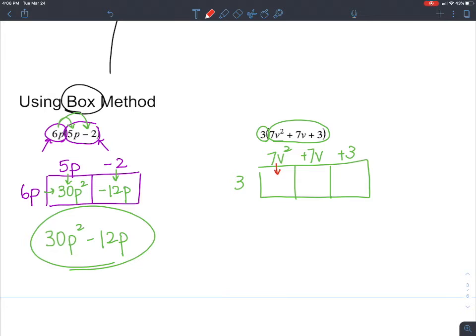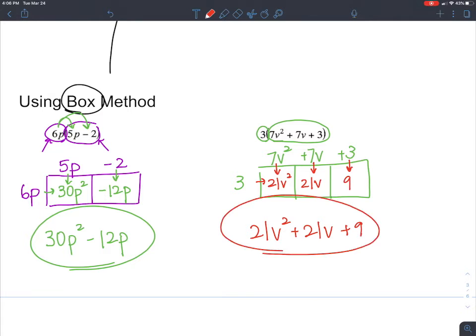So 7v squared times 3, 21v squared. 3 times 7v, 21v. And 3 times 3 is 9. Again, none of these are like terms, so we get 21v squared plus 21v plus 9.